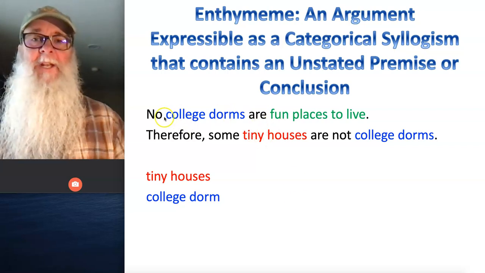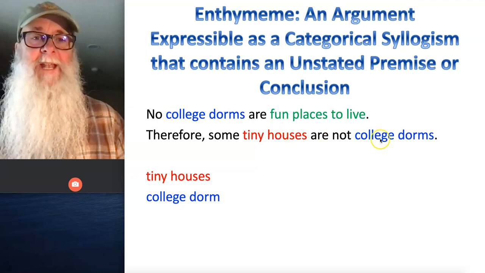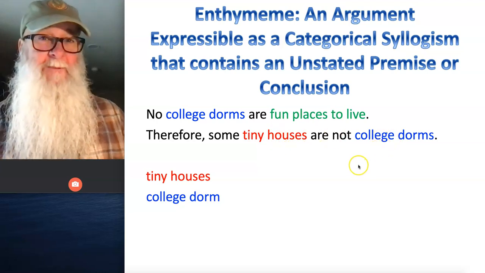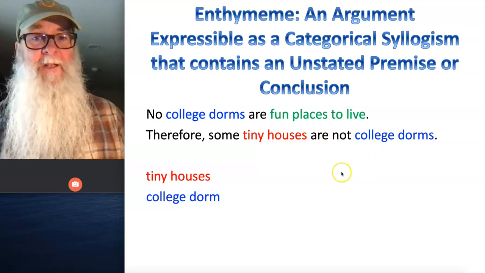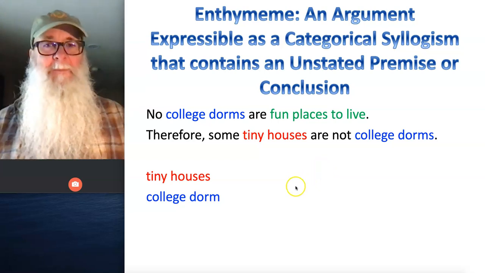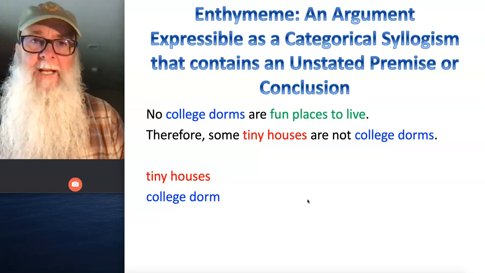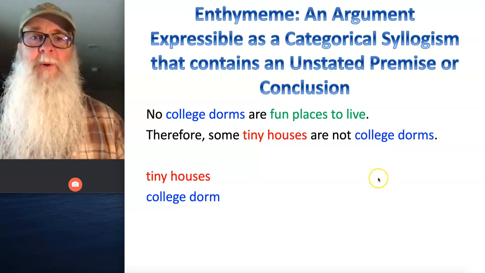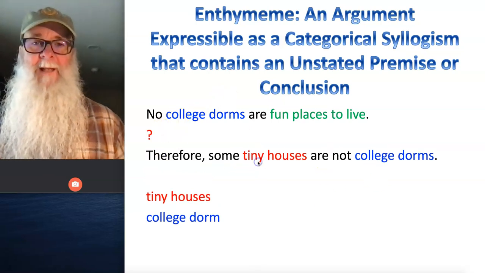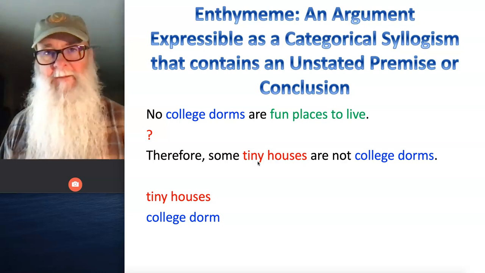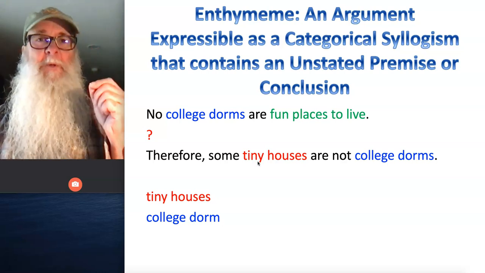I can see here that I've got a negative premise and a negative conclusion. That's exactly what rule number 4 requires. But I keep in mind rule number 3, and rule number 3 says you can't have two negative premises. So I know that the premise that I'm looking for here is going to have to be an affirmative premise. It's going to have to affirm something.